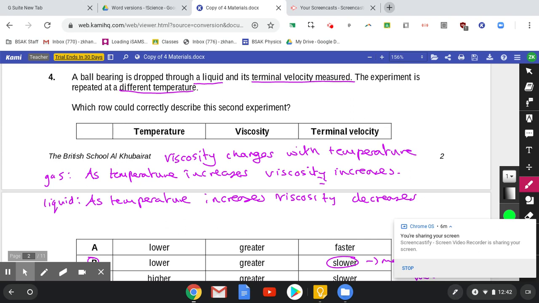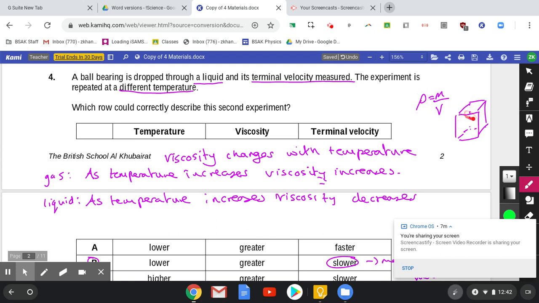If I increase the temperature of a volume of gas in, let's say, this box, and the size of the box does not change, the volume stays fixed, and the particles are not escaping, so the mass stays fixed.